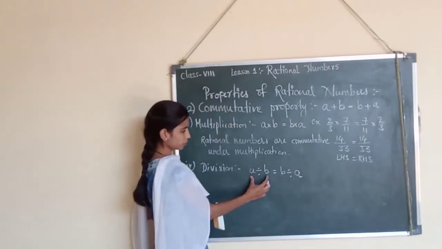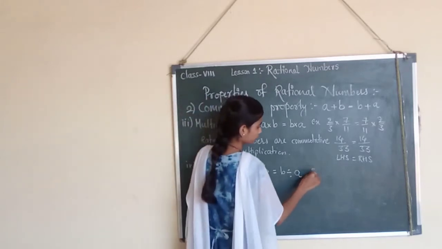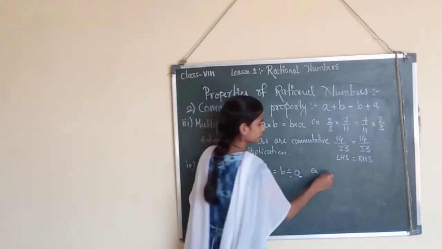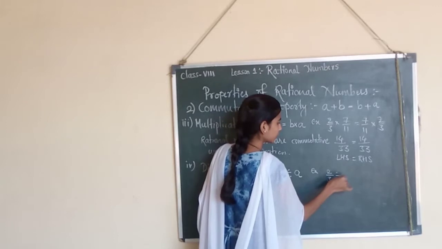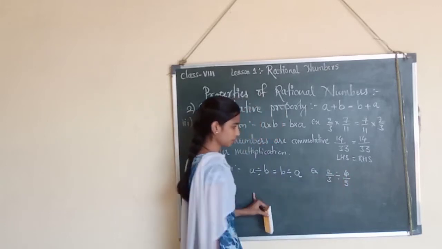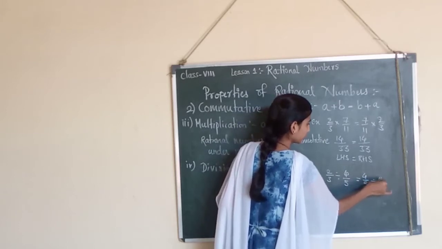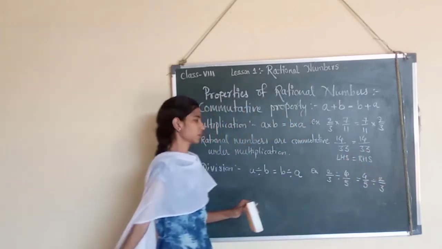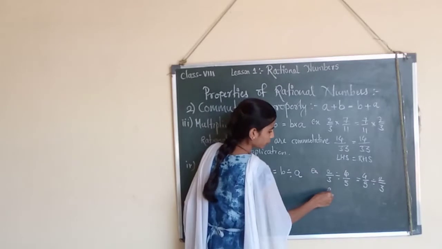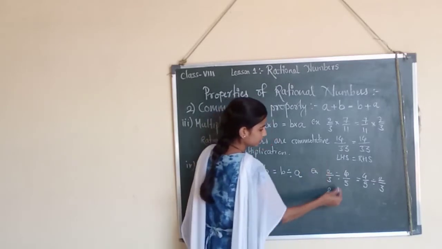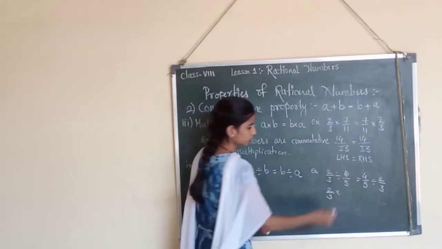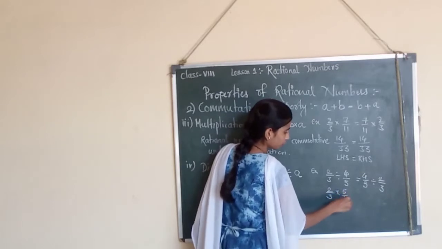First we'll take the division of any two rational numbers: 2 by 3 divided by 4 by 5. Is it equal to 4 by 5 divided by 2 by 3? In division, what can we do? We keep 2 by 3 as it is and invert the second, 5 by 4.